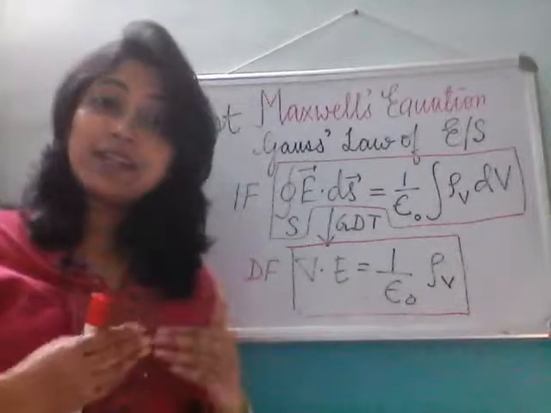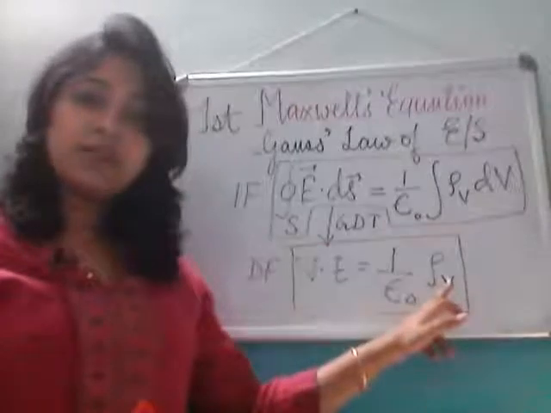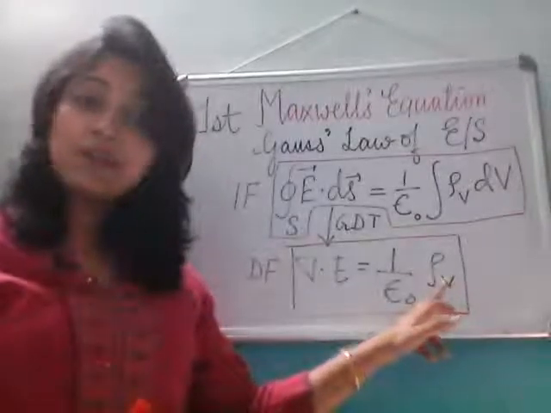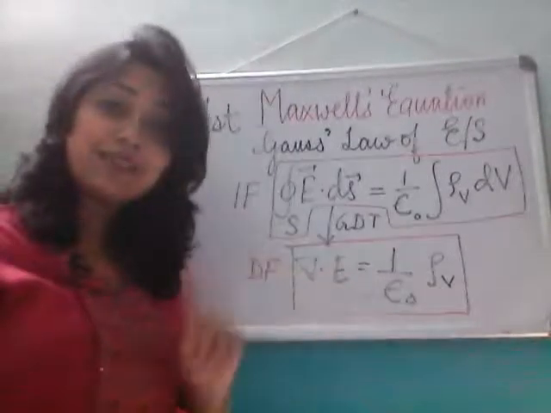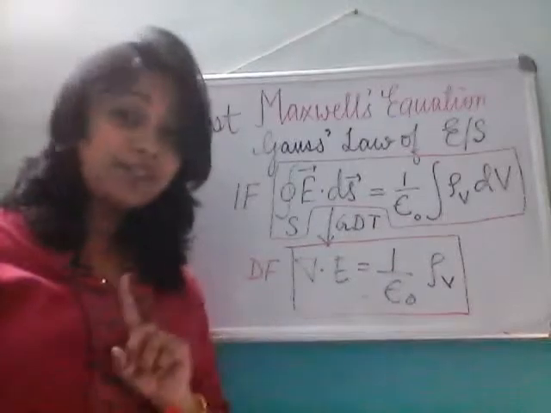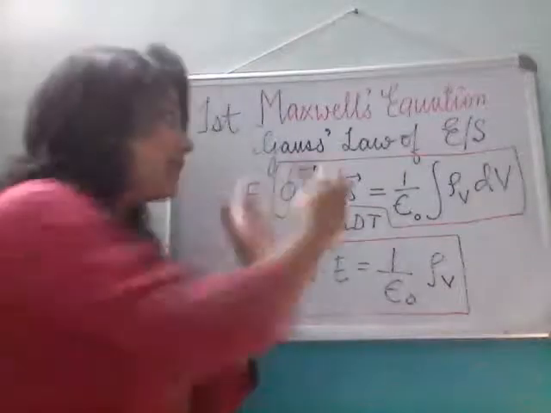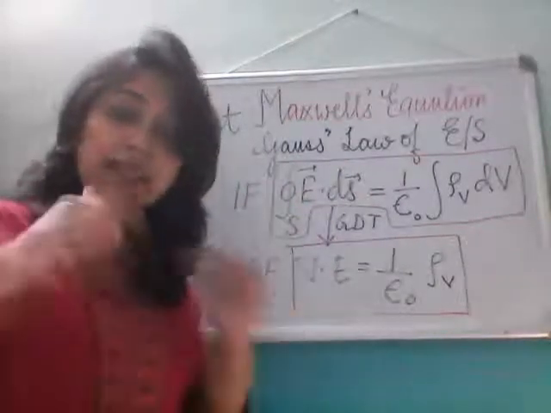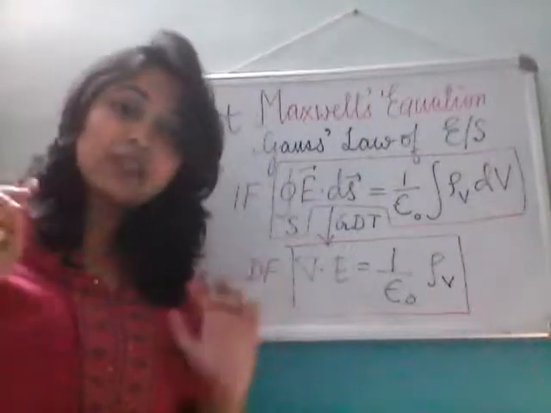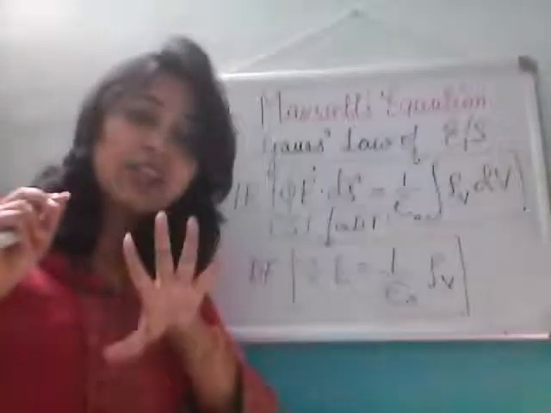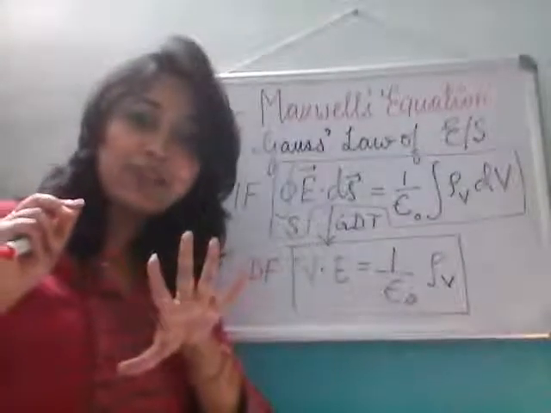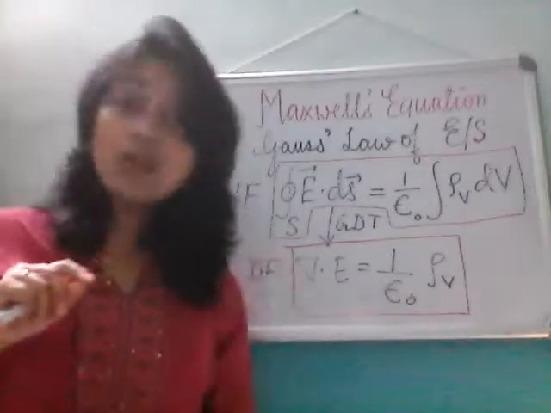And what essentially does it mean? Say the charge is a positive one. What is the inference we will draw? That the divergence of this electric field is a positive divergence, which means it will act like a source. The electric flux lines that we were discussing, the lines of force, will be as if emerging out of a point where we are doing the calculation. So that will act like a source field.